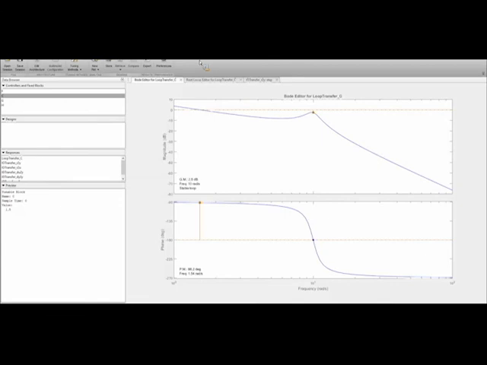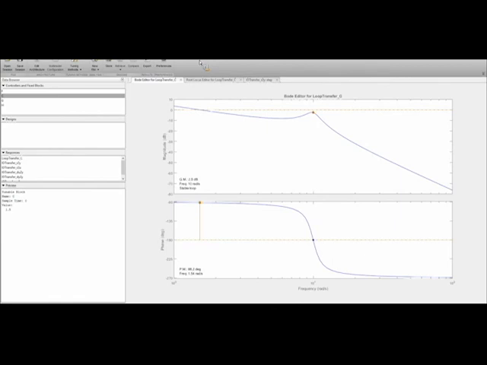Okay, so you see that the crossover frequency changed because I changed the gain. It automatically marked that for you. The phase margin is still right around 90 degrees in this case. Gain margin is now considerably smaller because I've changed the magnitude.